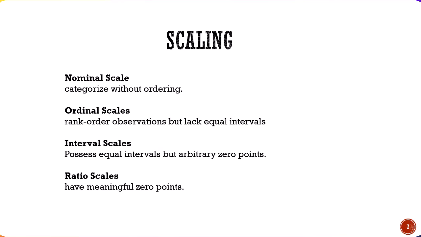Then we have the ordinal scale, which assigns rank or an order of observation, but this time around it lacks equal intervals.